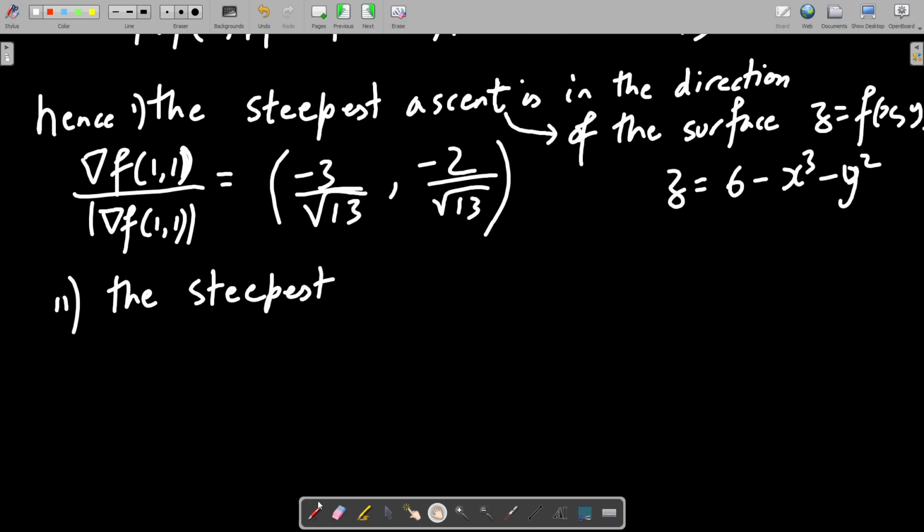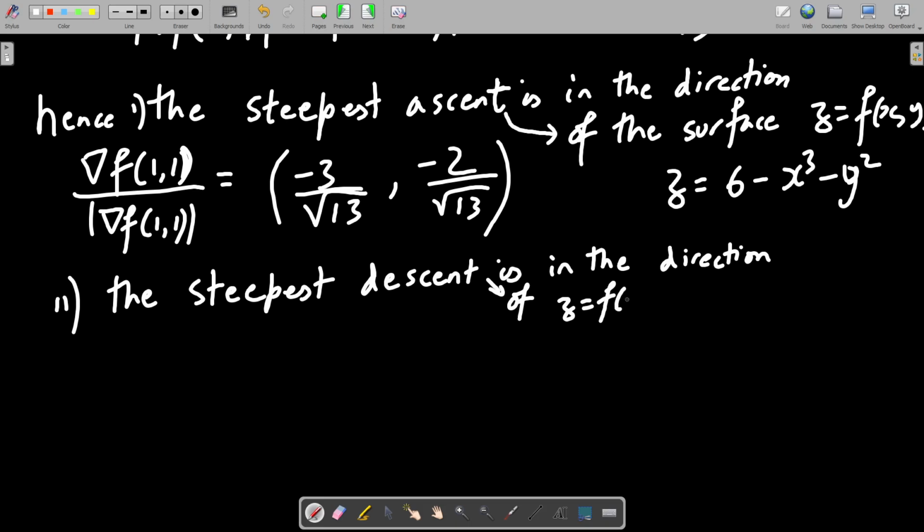The steepest descent of z = f(x, y), we won't say surface, let it be understood, is in the direction given by minus the gradient of f.